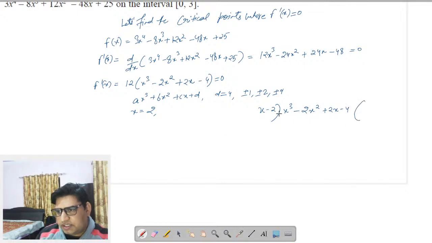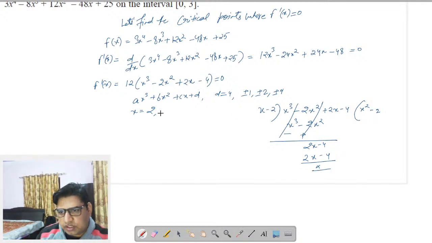We take x square, so this will be x cube minus 2x square, sign change, this gets cancelled out, and it will be 2x minus 4, so this will be x square minus 2, and we get the other roots, x is equal to plus root 2 and minus root 2. So these are the three critical points that we have got from this equation.